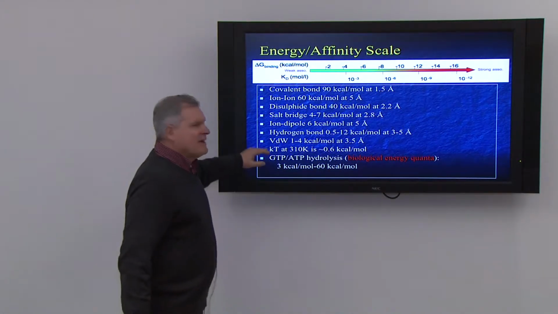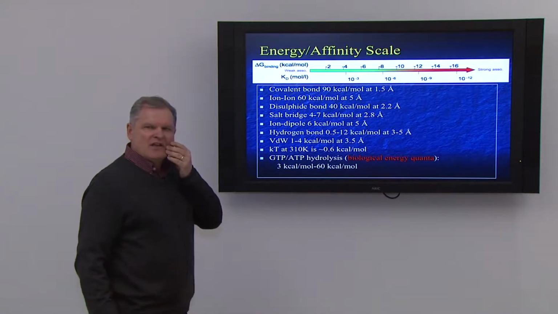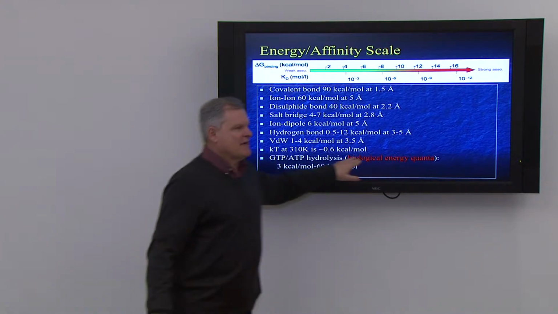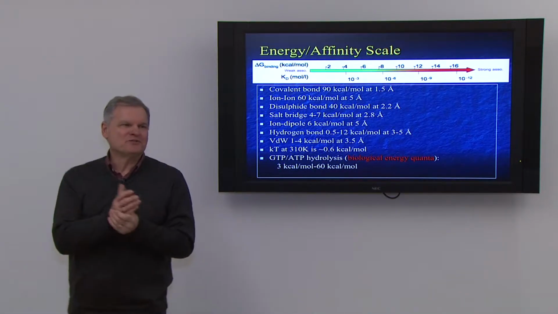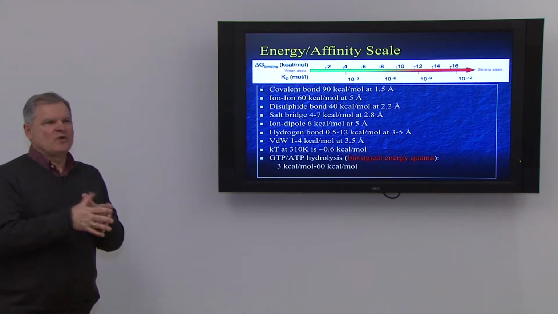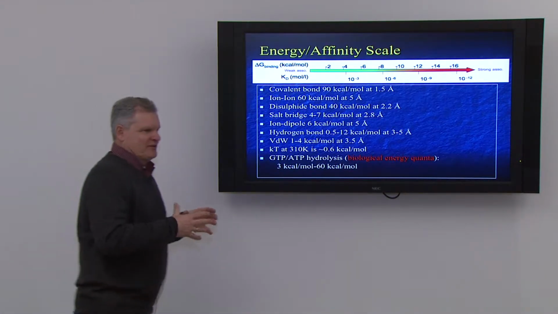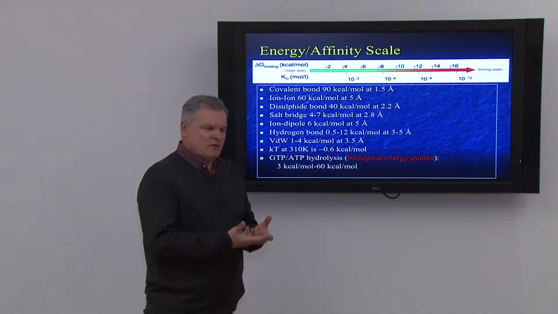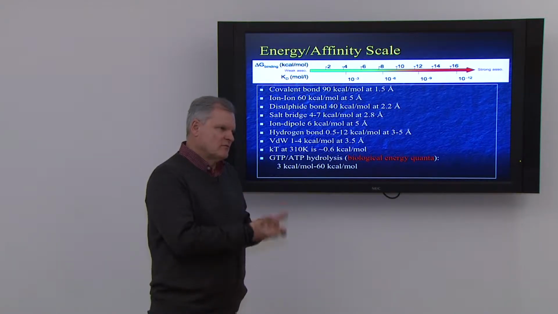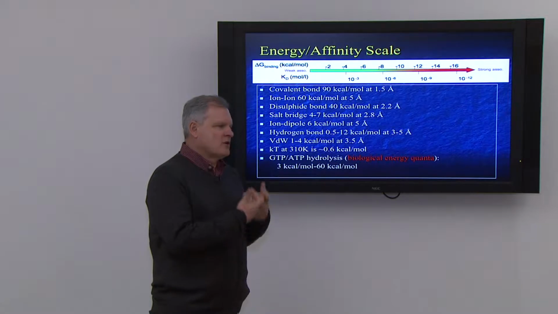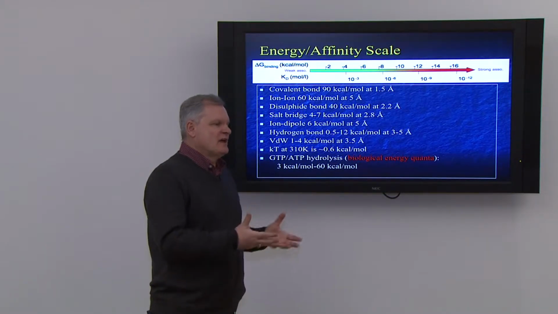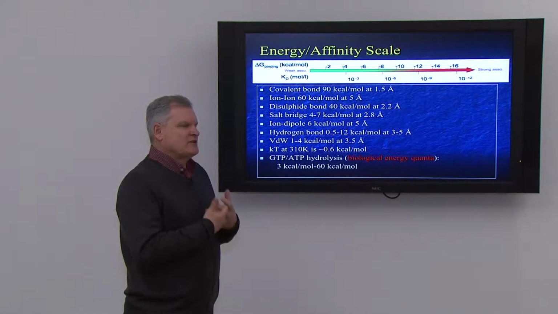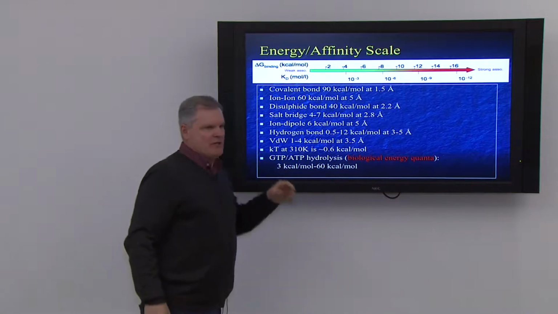But anyway, the second number that is important in this connection is something which we call the biological energy quantum. And that's the link to the topic of these lectures, quantum biology. There is such a thing as a quantum of energy in biology. All biological systems produce and consume energy, consume nutrients, glucose, fructose, etc., proteins, and convert them into the electrostatic energy of the phosphate bonds in the ATP and GTP molecules.